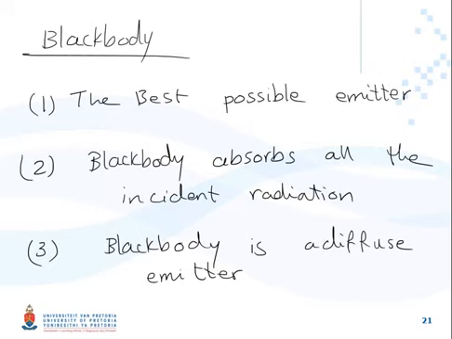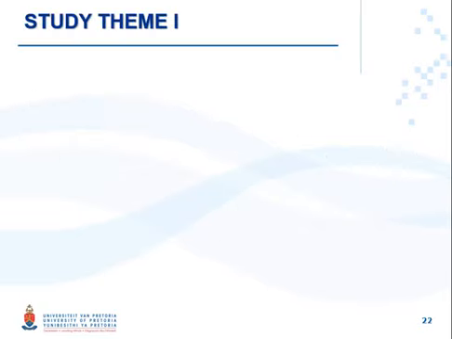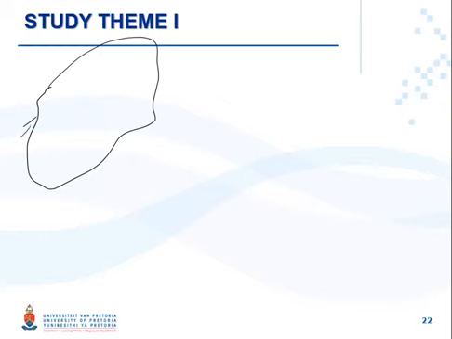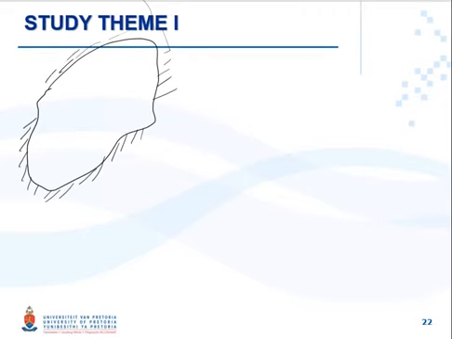But in order to speak about the concept, let me give you some detailed information about it. Let's consider that we have an evacuated enclosure, so its inside is vacuum. And the enclosure is at a temperature of T infinity.